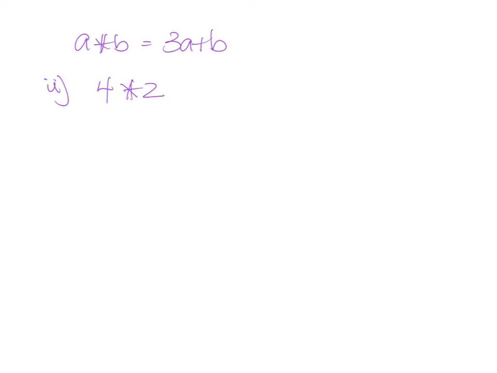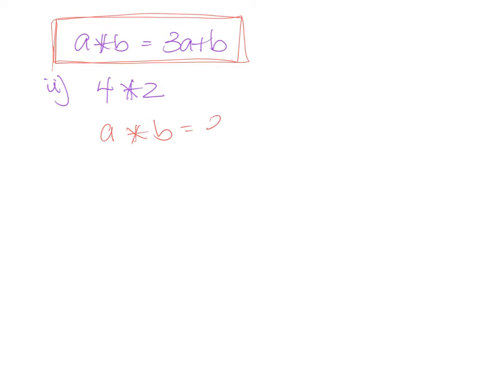Okay, let's try another one. We have the same operation. A star B is equal to 3A plus B. They will give us this whole formula. We do not have to work out anything here. This has been given to us. So if we write out the formula, A star B is equal to 3A plus B. And we know that A is lining up now with 4 and B is lining up now with 2.